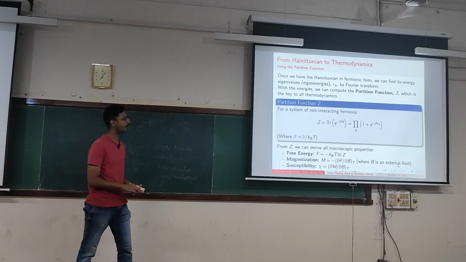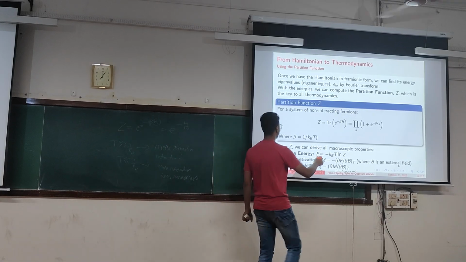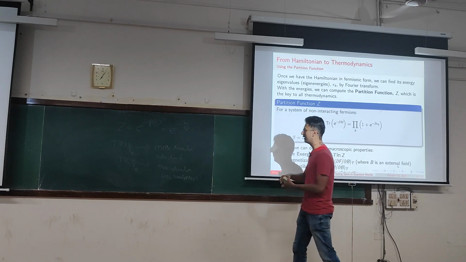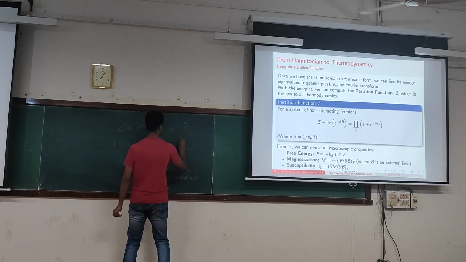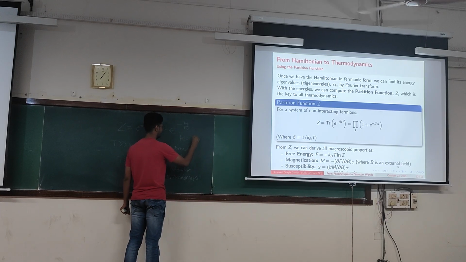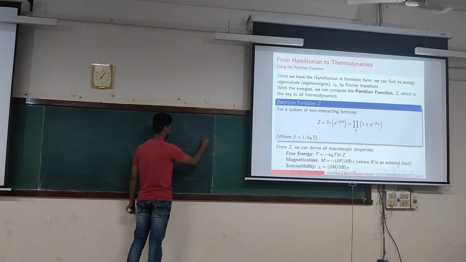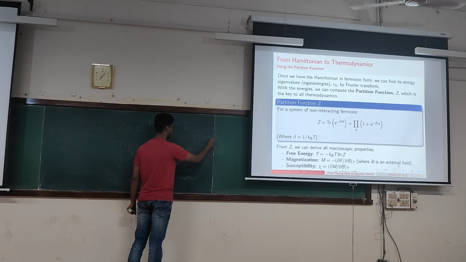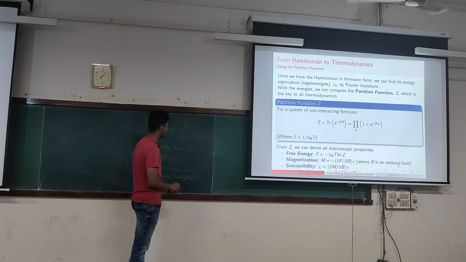So we got our Hamiltonian to be J Cj dagger Cj.